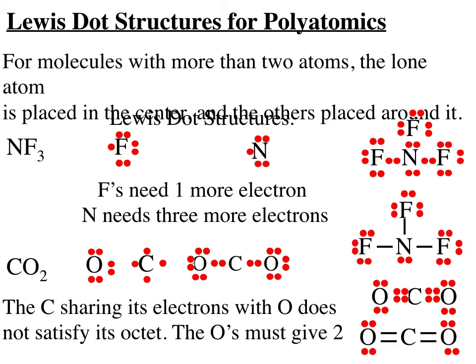So you place the N in the middle, you let the N share 3 individual electrons outward to each F, you let the F share 3 individual electrons inward to the N, you form 3 single bonds between the N and the F's. In the top picture I show this with dots, in the bottom picture I show it with lines.